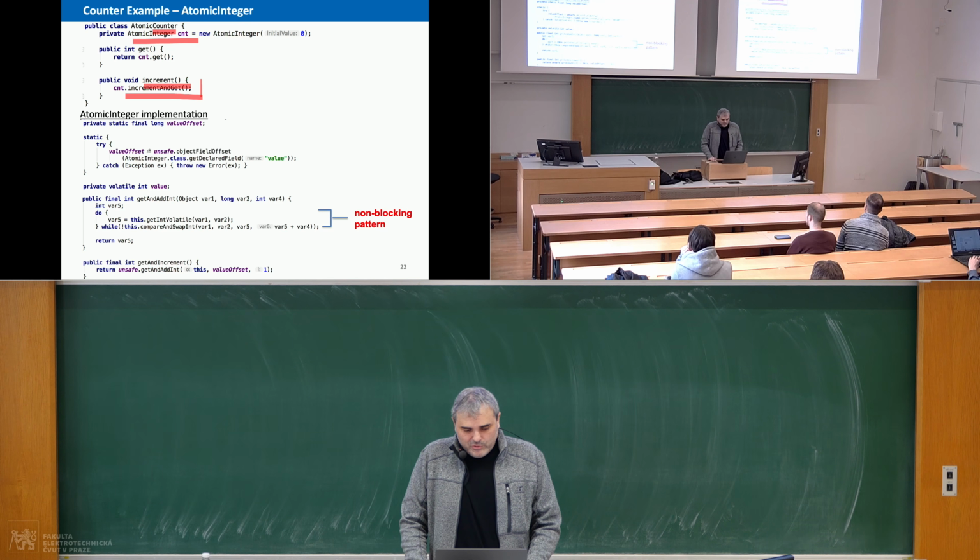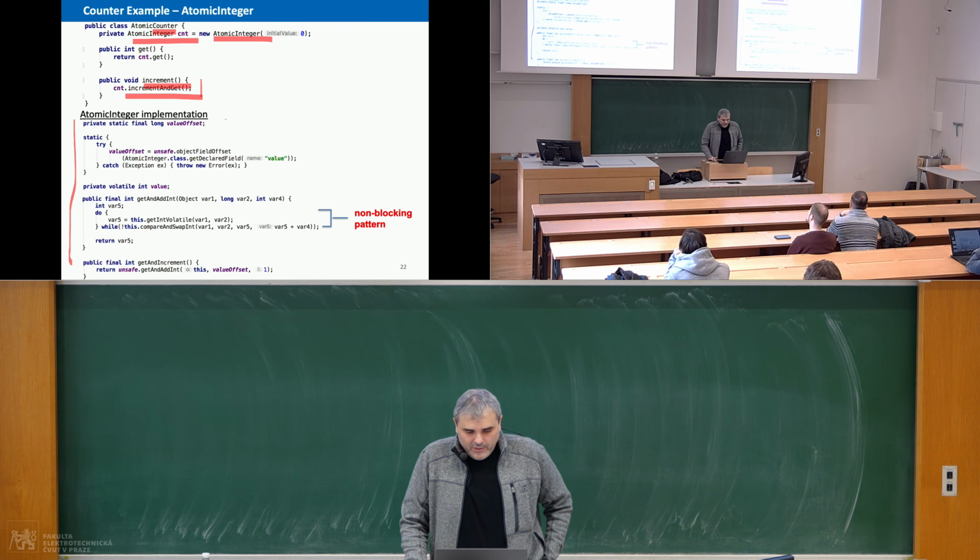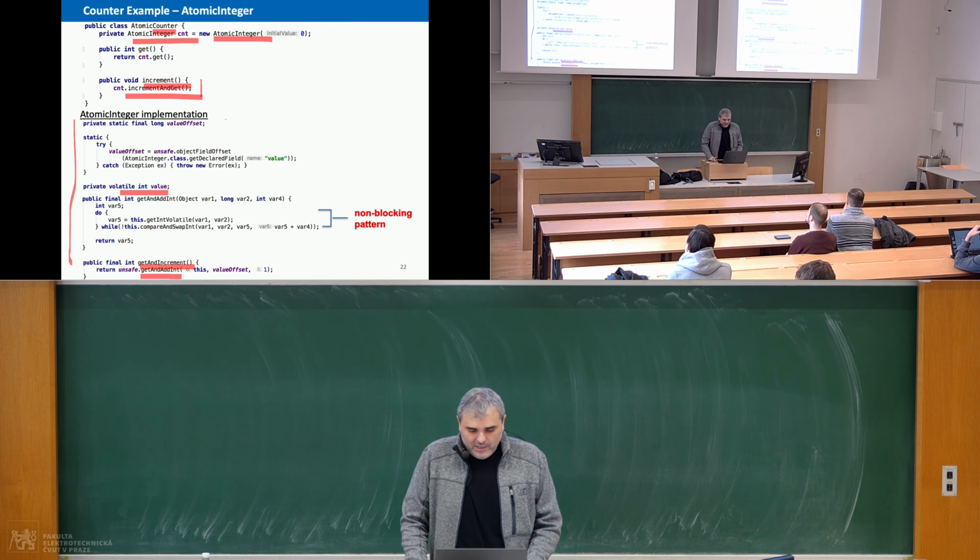Internally, how is it implemented? The bottom part of this slide is the definition inside AtomicInteger. I've intentionally removed the enclosing class to have more space. Here, there is a value which is defined as volatile, fine. Here is our getAndIncrement method, which internally calls the Unsafe method getAndAddInt.